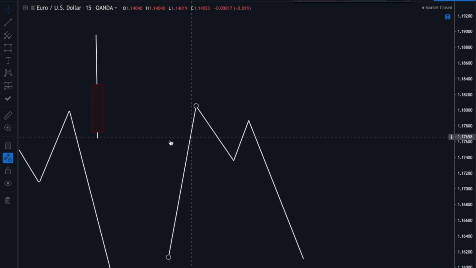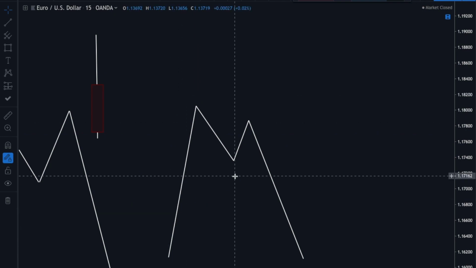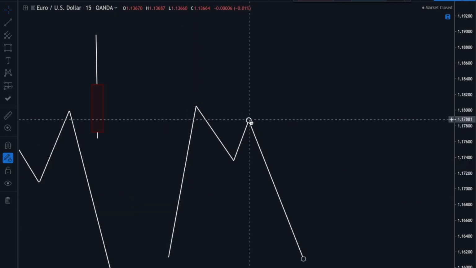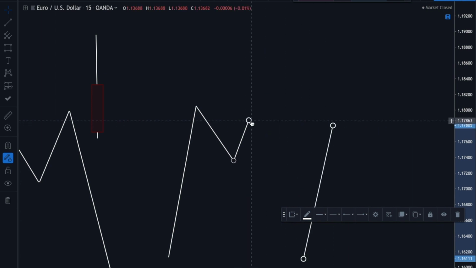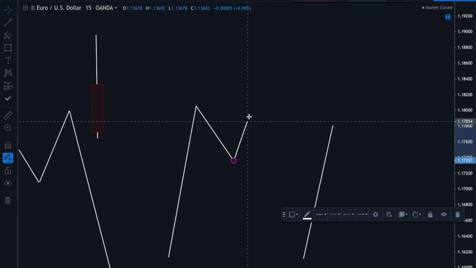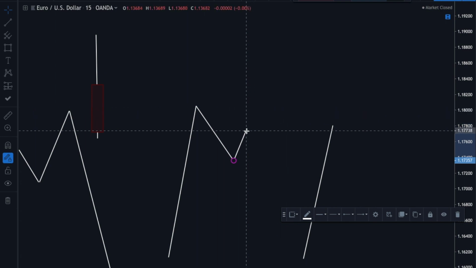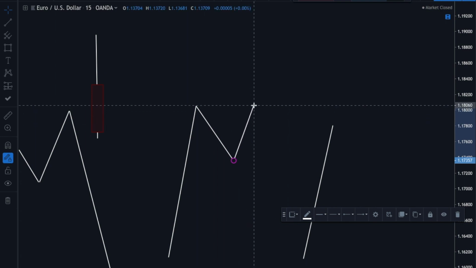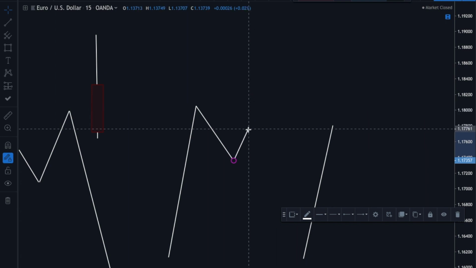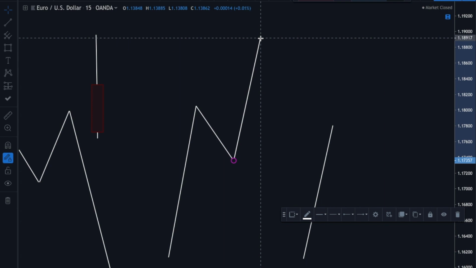The concept is exactly the same. The only difference is that when they go back for the second leg, they don't go all the way back up to the first leg. The reason is that they already have enough traders trapped, so they don't need to fake out long.